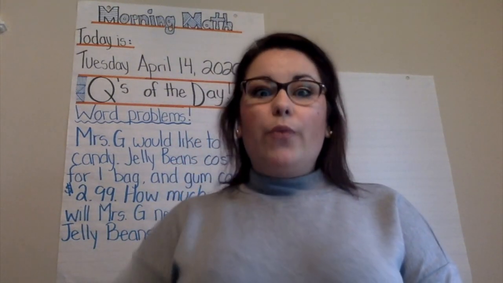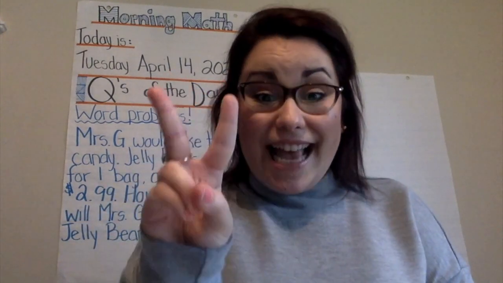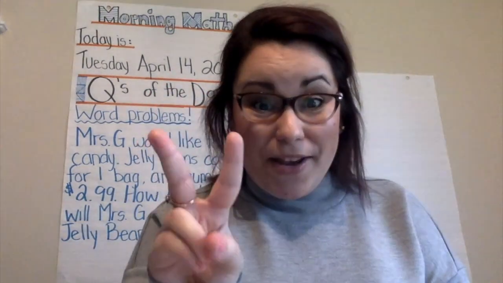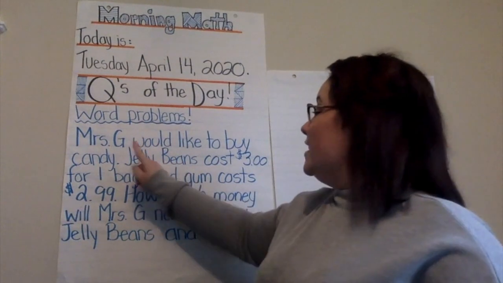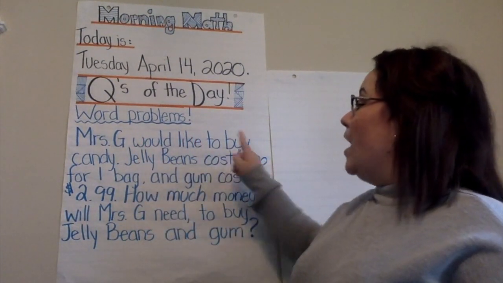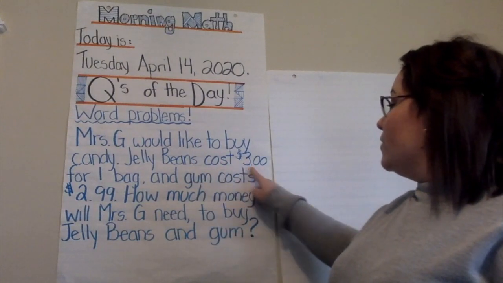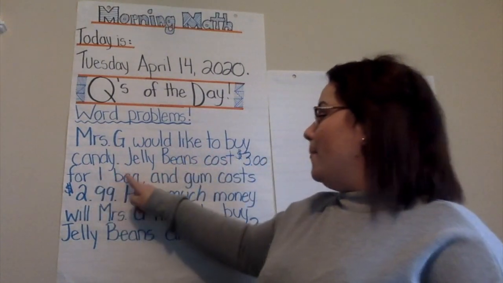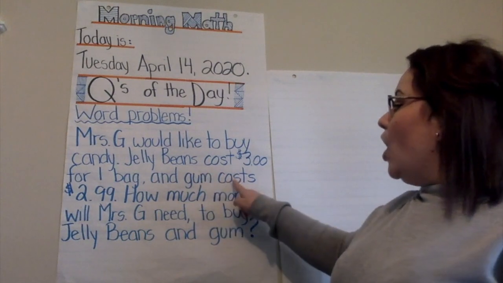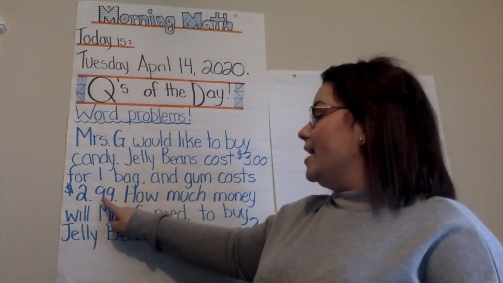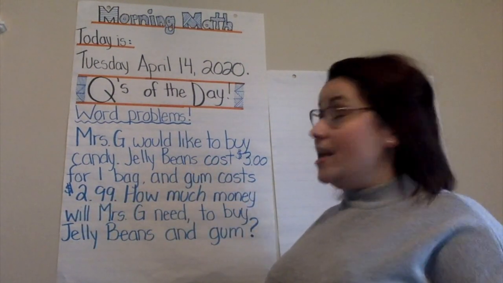Step two, read the question for the second time. Mrs. G would like to buy candy. Jelly beans cost $3 for one bag, and gum costs $2.99.